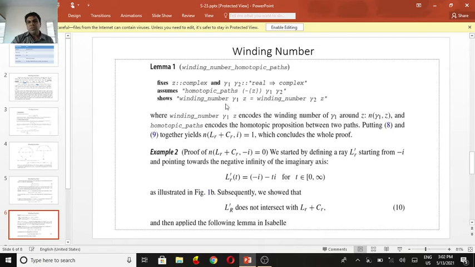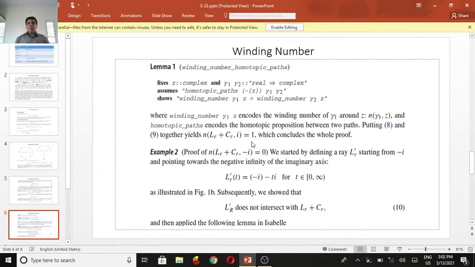Then the winding number of gamma 1 around z equals the winding number of gamma 2 around z. The winding number of gamma 1 around z encodes how many times gamma 1 winds around z, and the homotopy encodes the relationship between the two paths. Putting equations 8 and 9 together yields n times of the linear plus circular path, comma i, equals 1, which concludes the whole proof. This is the way to prove the winding number.